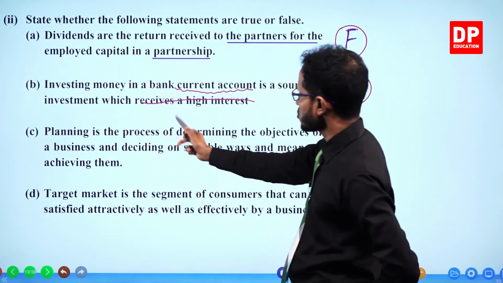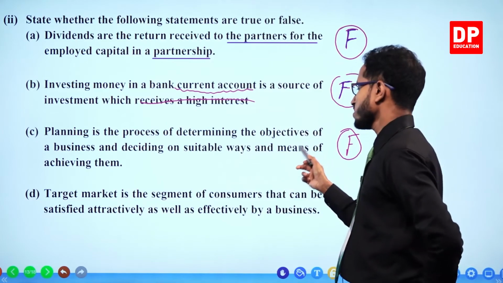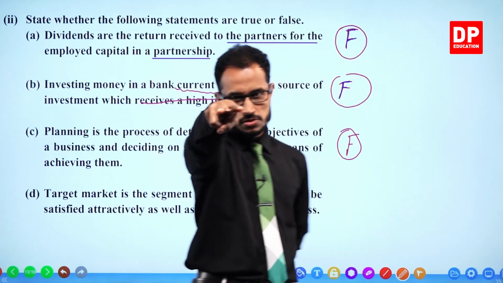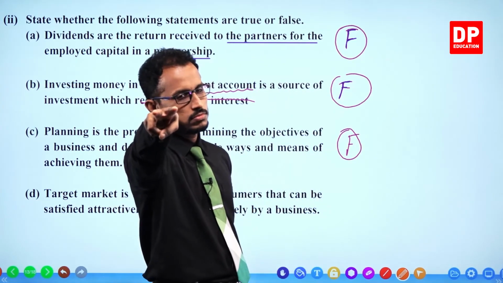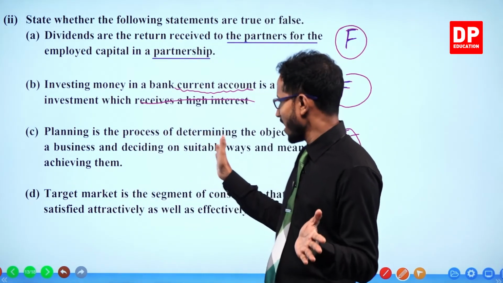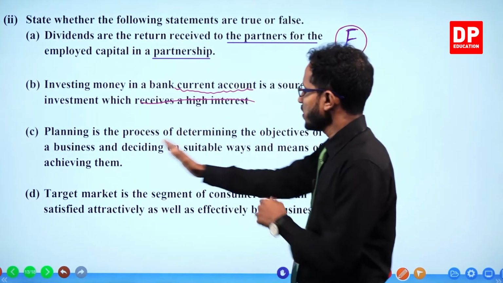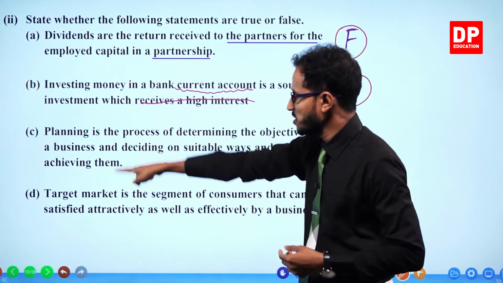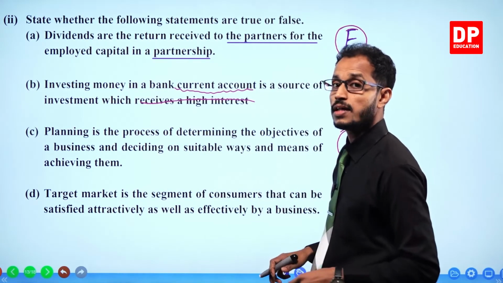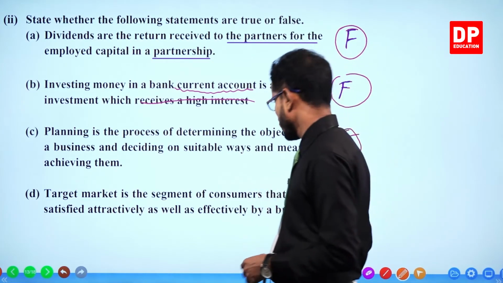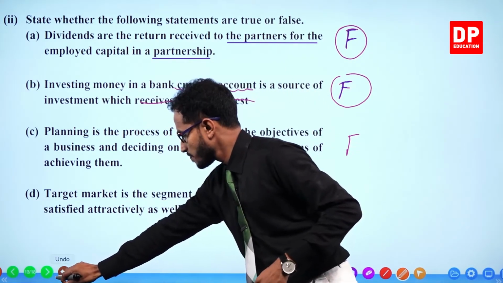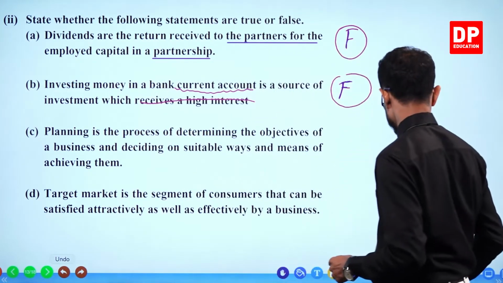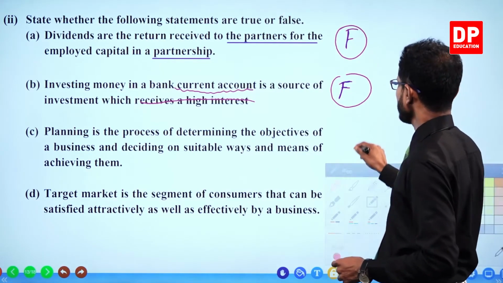Objectives means the goals, the targets of the business. Determining the targets of the business and deciding on a suitable way to achieve them. That is planning, so it's true.